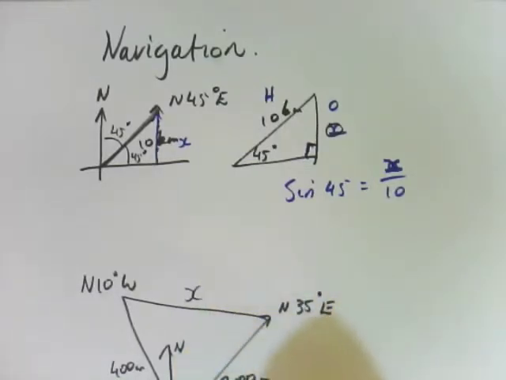Now this isn't a right angle triangle, so how do we go about this? We can use other methods that we learnt. So we can work out this angle here, because that's 35 degrees, and this little one here is north 10 degrees towards the west, so that total angle there is actually 45 degrees.